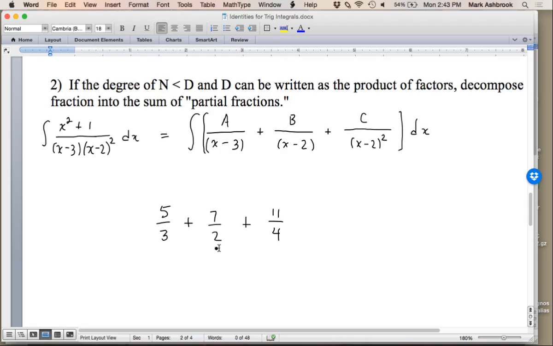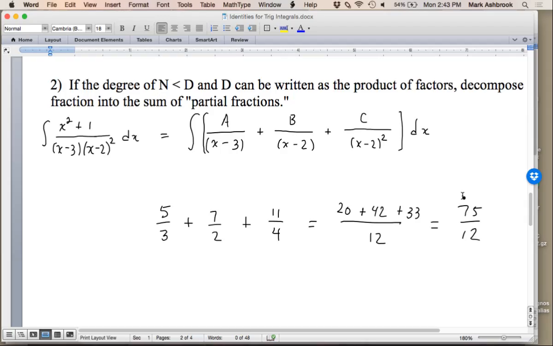It'd be 12, right? And so, how many twelfths is that? 20 plus 42 plus 33, which is 53, 75?